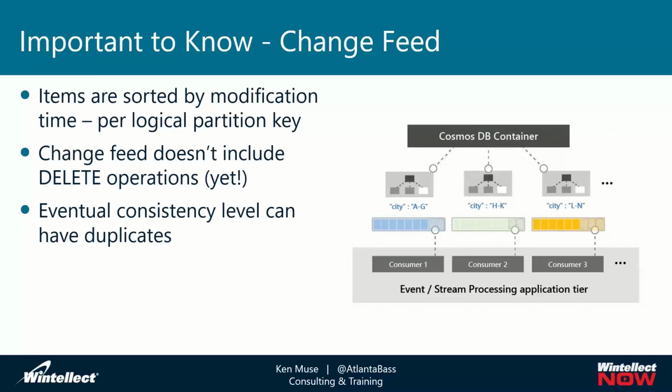You also need to be aware that when we talk about the eventual consistency level in a minute, eventual consistency does mean you may see duplicates. Anytime we're dealing with queues or streams, it's important to consider that duplicate data can possibly come through. The eventual consistency level means that changes may get seen at different moments in time by different CosmosDB instances.